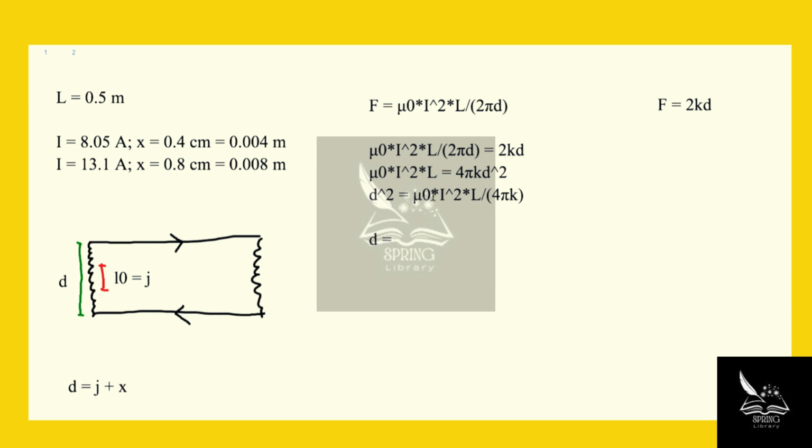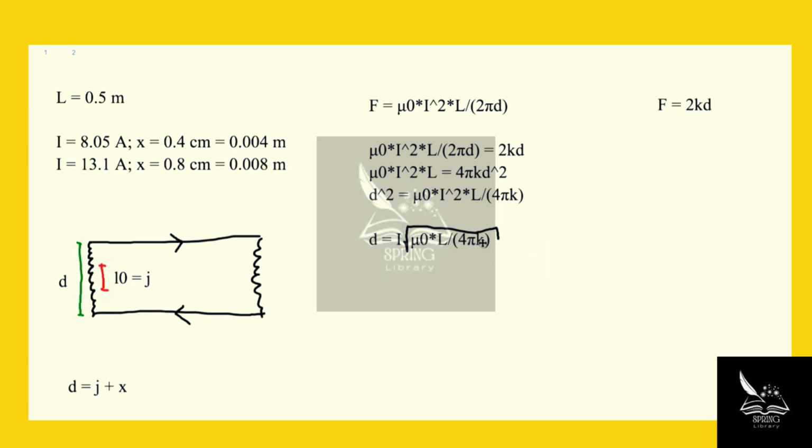When we take the square root of the right side, we see we have an I squared, so we can pull one factor of I out, and we'll be left with this. I'm going to draw the square root right here, so this whole thing is under the square root.